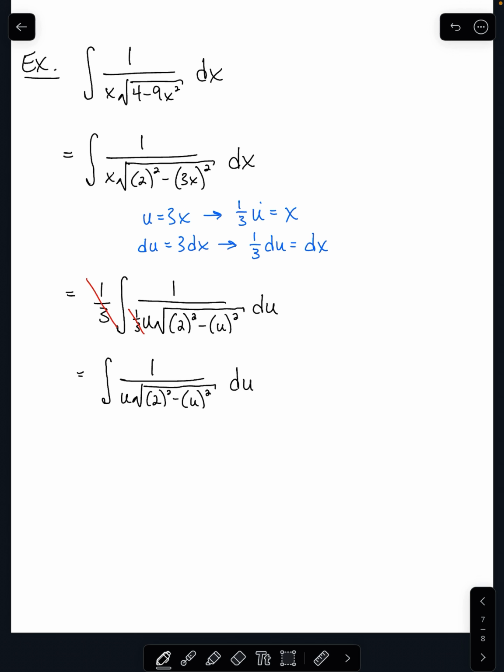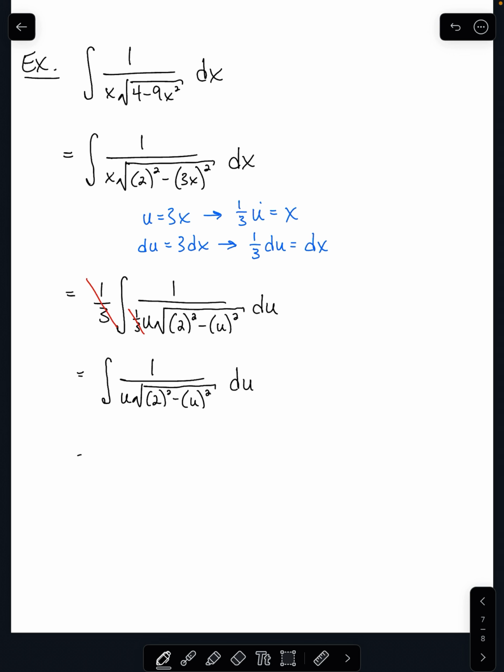And this fits exactly the format that gave us the antiderivative that resulted in an inverse hyperbolic secant or inverse hyperbolic cosecant, depending on the sign under the radical, in this case, a subtraction.